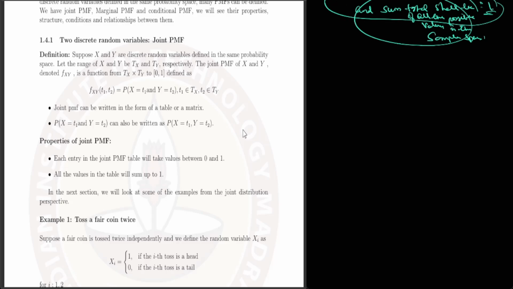Now joint PMF can be written in the form of a table or a matrix. If there are two random variables, we'll make a table.